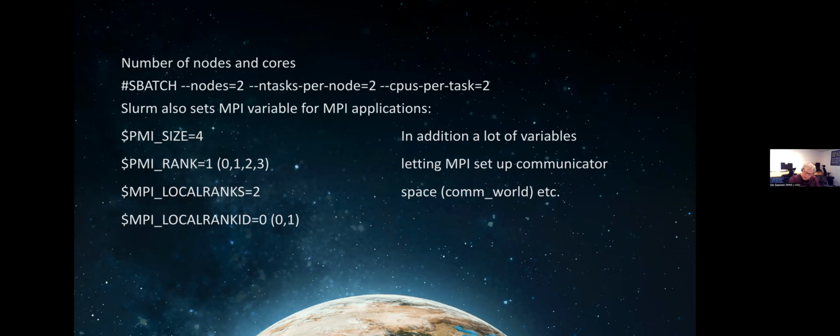So we have 0, 1, 2, and 3, and I am, let's say, number 0. This is the only thing that we need to know as a program, and that is gotten from the environment. Most MPI programs are launched as a single executable, just launched multiple times on different nodes or different CPUs. We don't know where they are launched unless you do some specification in Slurm. Most of the time, you can just launch them with n tasks equal to something, and it will be okay.